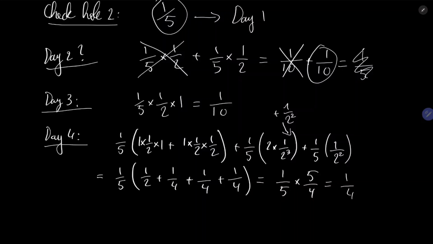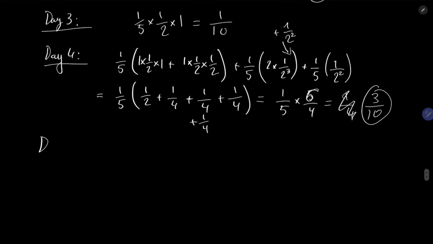And in that case, we have an additional quarter. So in total, we have 6 divided by 4 here. So 3 divided by 2. And this is equal to 3 divided by 10. So that's the probability to catch the fox on day number 4.